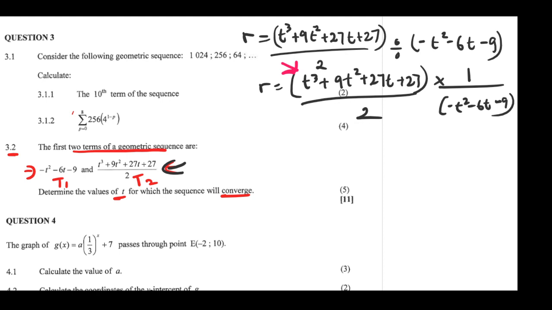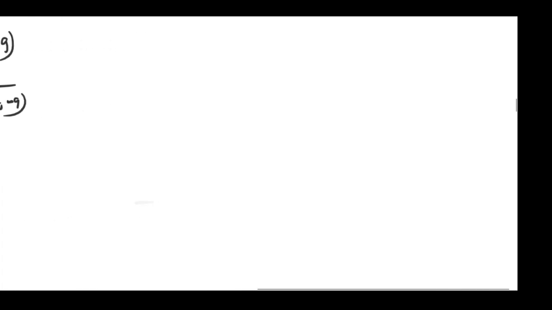So to simplify this, obviously I don't have to write r. I'm just going to write down this here. So it's going to be t to the power of 3 plus 9t to the power of 2 plus 27t plus 27.